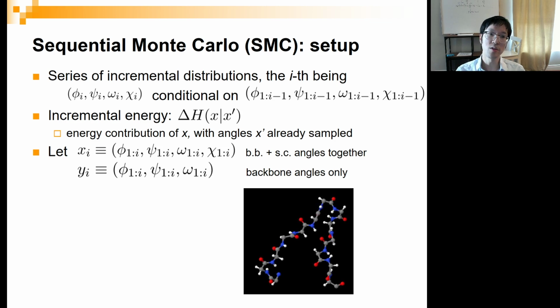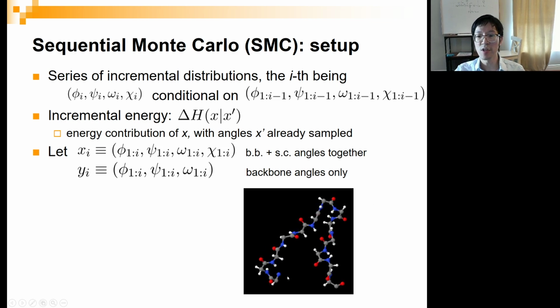That's what's shown here in this first line. In order to do that, we also need to calculate how the energy changes as we're sampling. So here, this is the conditional incremental energy of x given previously sampled angles, which I've denoted x prime here.